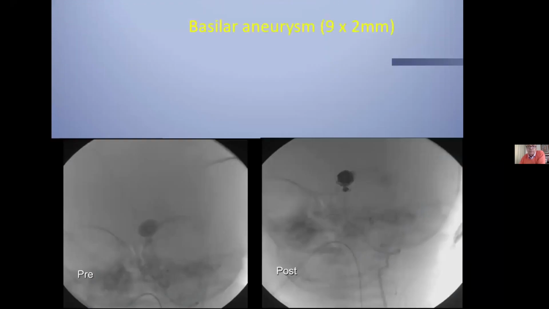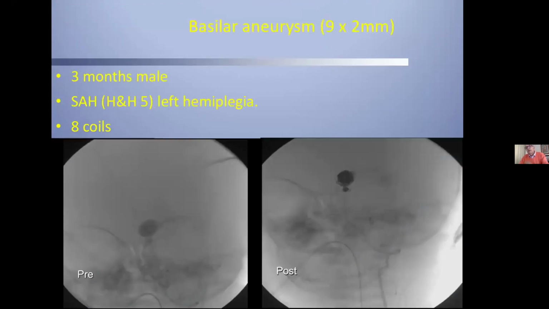This is another case, at 3 months, mild, acute phase, Hunt and Hess 5. I use coiling with a microcatheter only and fiber coil to the neck. This is the only treatment for this.